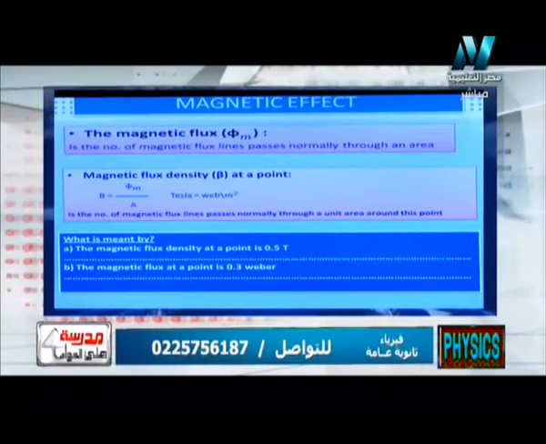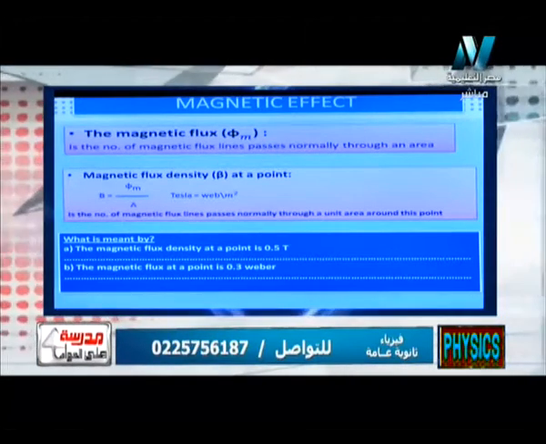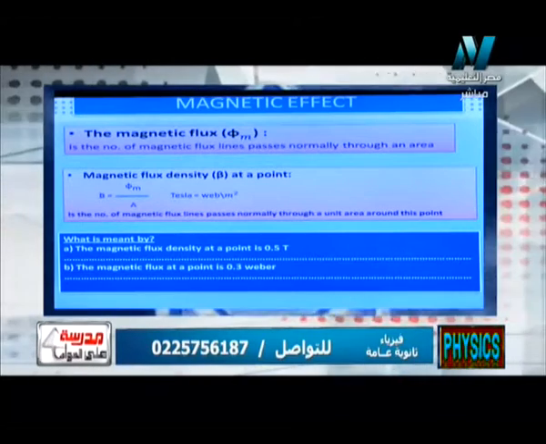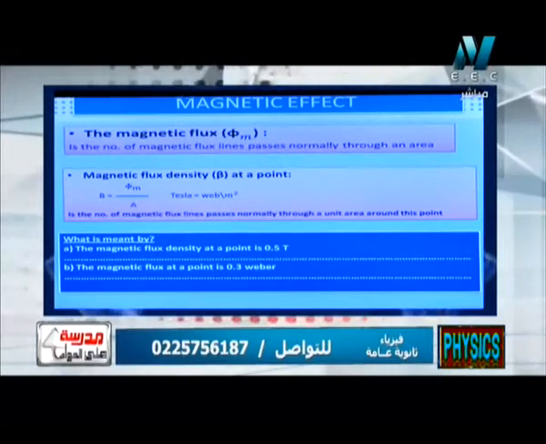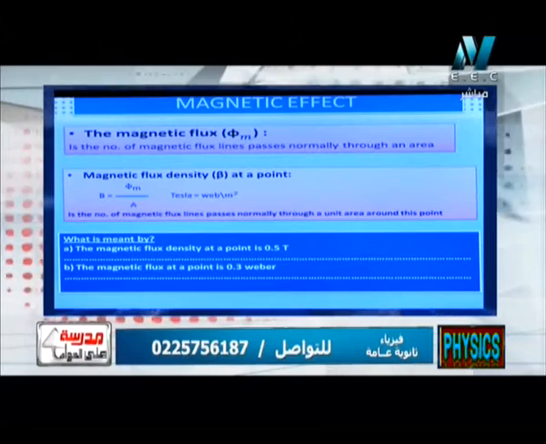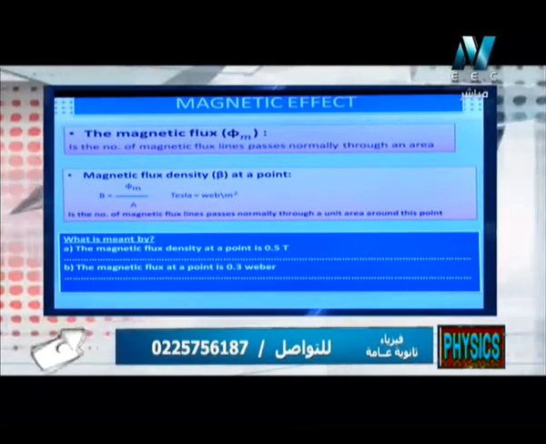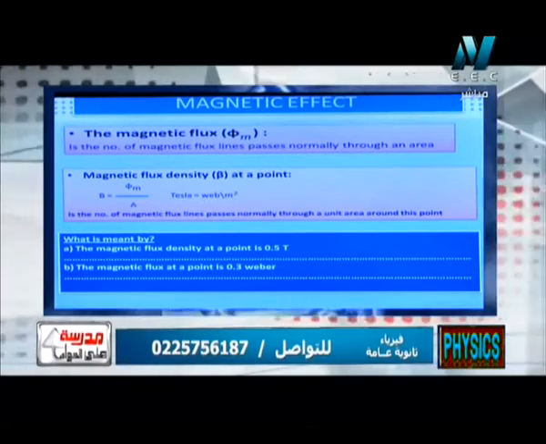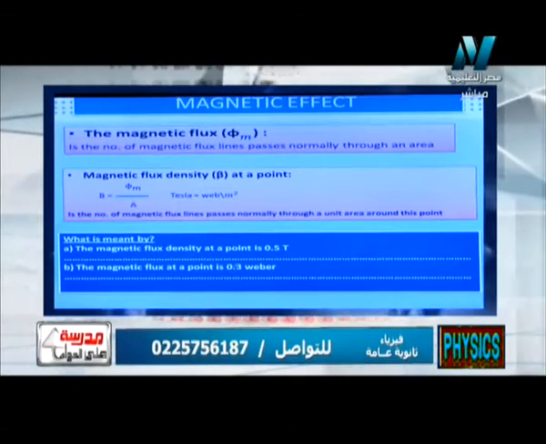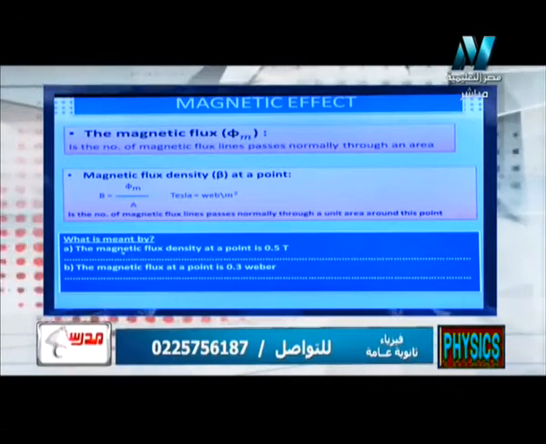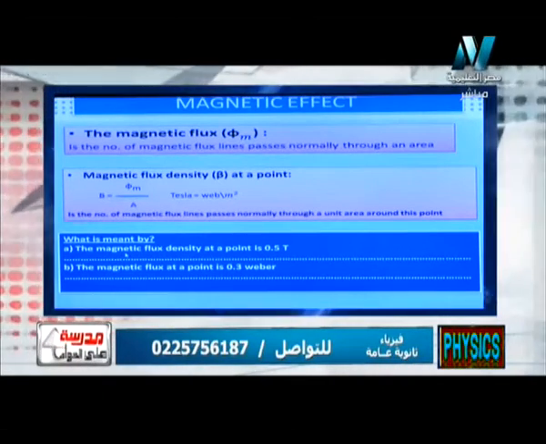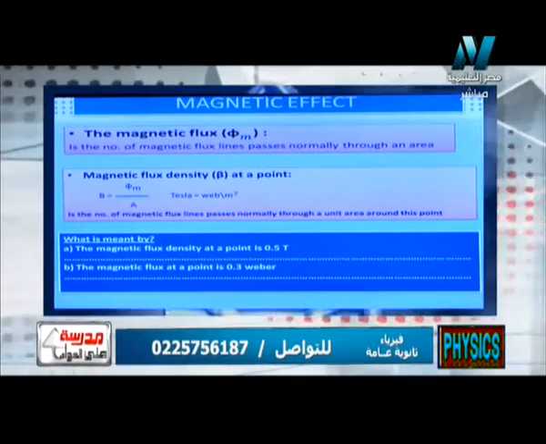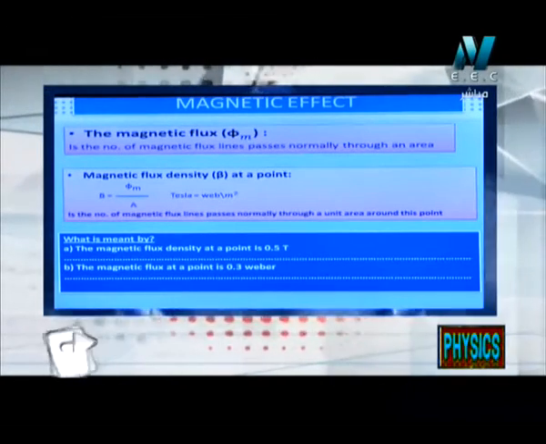Number A, what's meant by the magnetic flux density at a point is 0.5 Tesla. As we said in our previous episode, when we are dealing with what's meant by like this, just replace the concept. Here, the concept is magnetic flux density. We should just replace the concept with its definition.